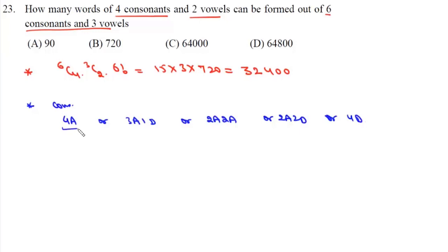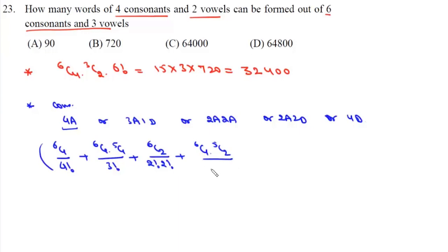Now for 4 alike it will be 6C1, and since all 4 of them are alike, when we form a word it will be divided by factorial 4, plus 6C1 and 5C1 divided by factorial 3, plus 6C2 upon factorial 2 factorial 2, plus 6C1 5C2 upon factorial 2, plus 6C4.